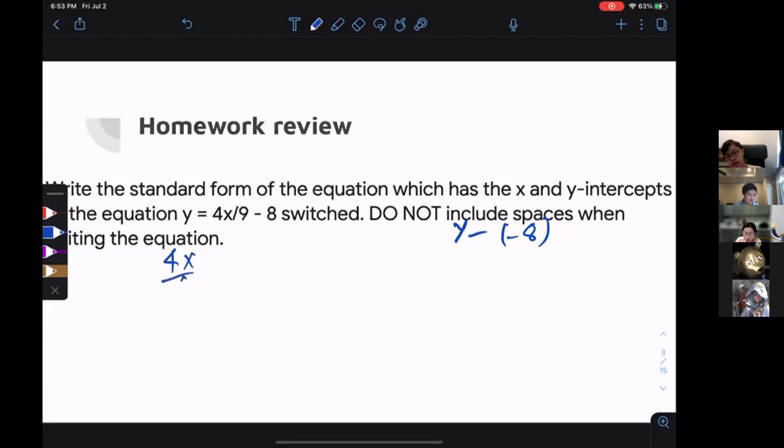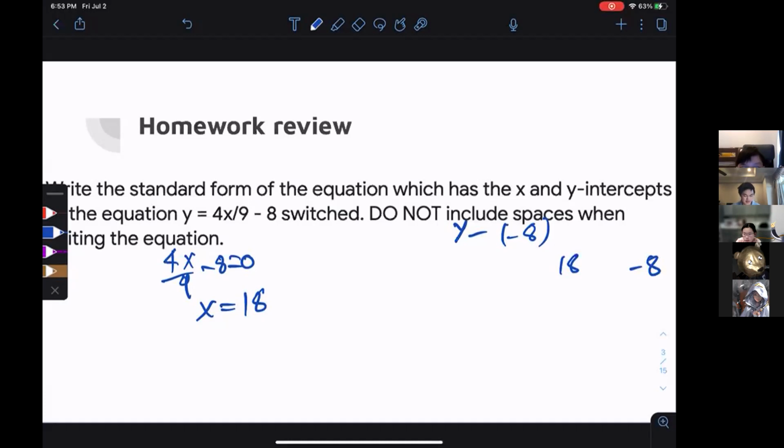So we have 4x over 9 minus 8 is equal to 0, so x is equal to 18, right? So given that the x-intercept is 18 and the y-intercept is -8, you want to find the line which has these intercepts switched.